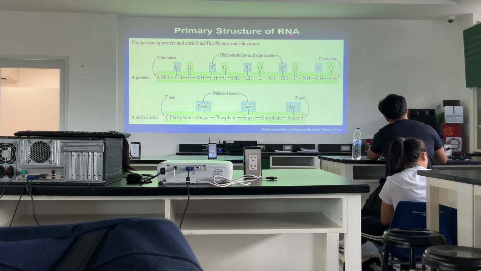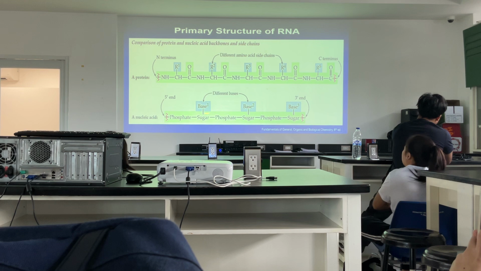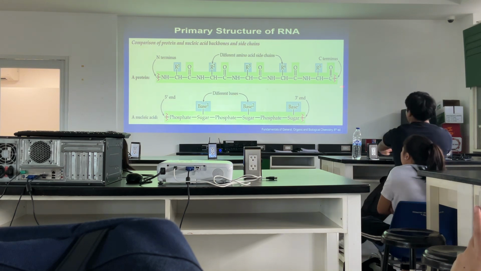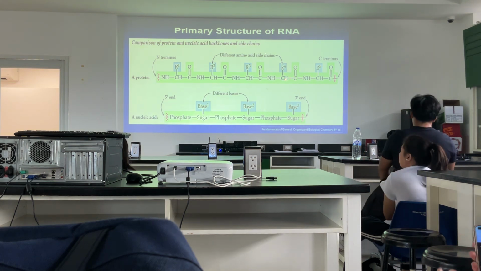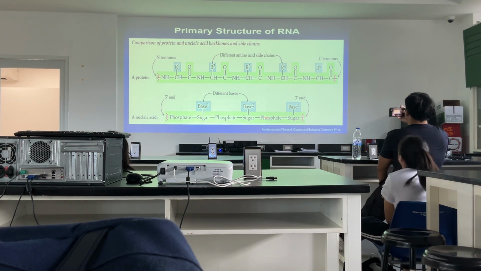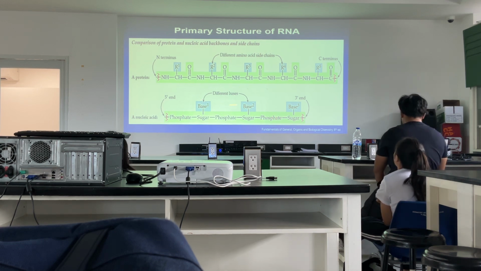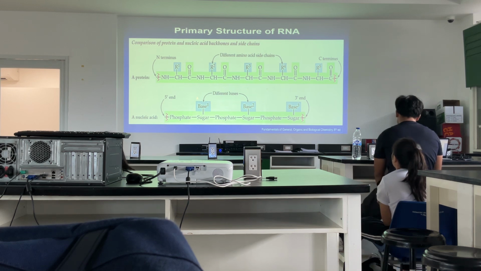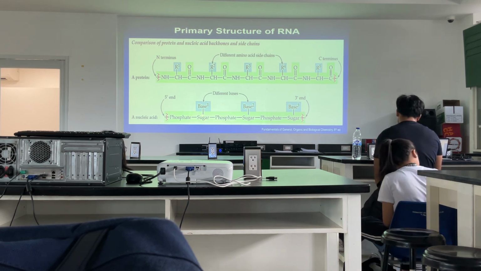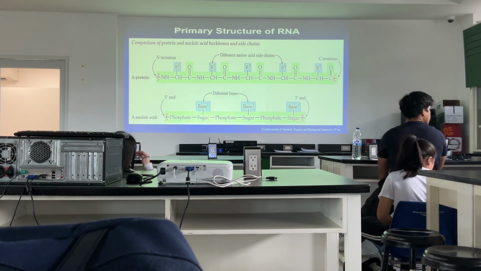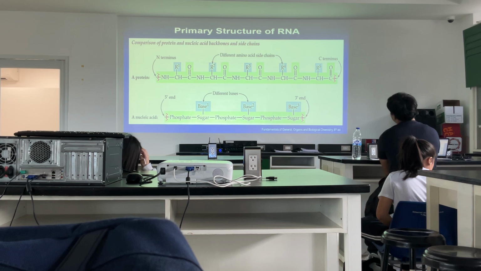The primary structure of RNA refers to the sequence of the nucleotides in the polynucleotide chain. The sugar phosphate acts as the backbone on which are attached the bases. The bases are attached to the sugar and not to the phosphate group, although the backbone will be your sugar phosphate molecules.